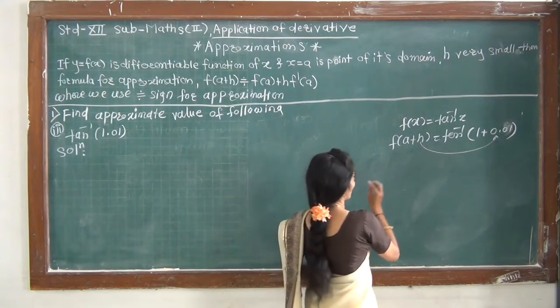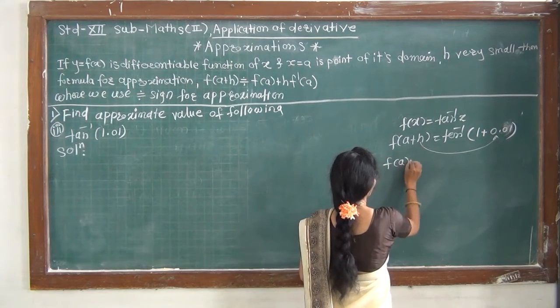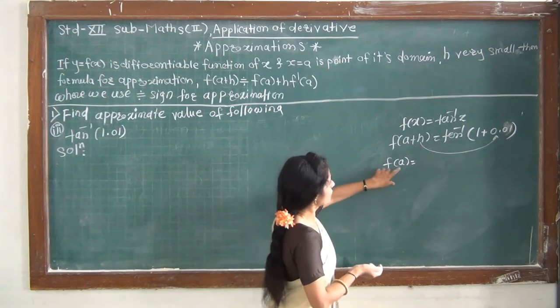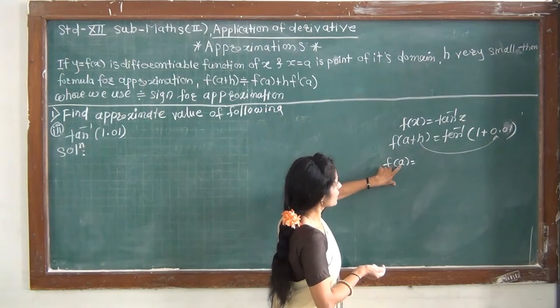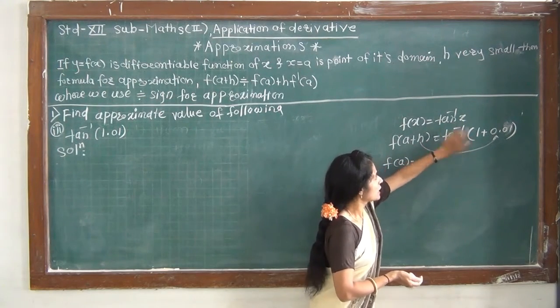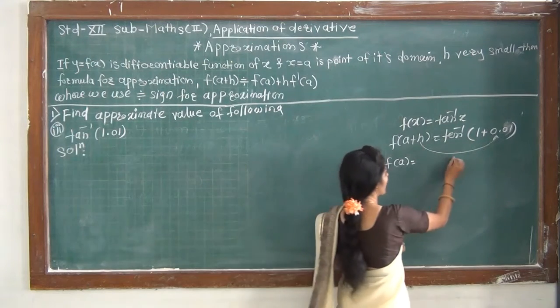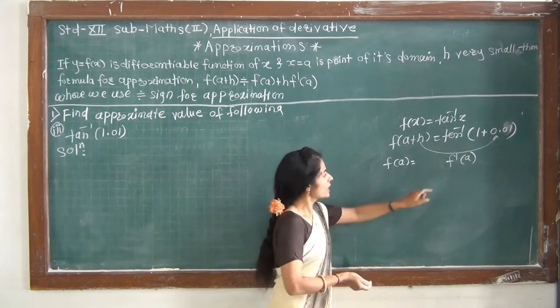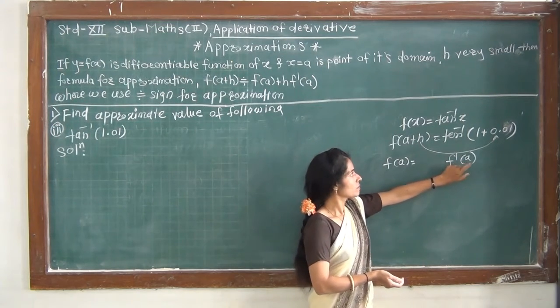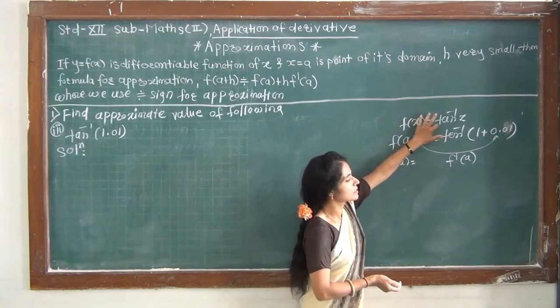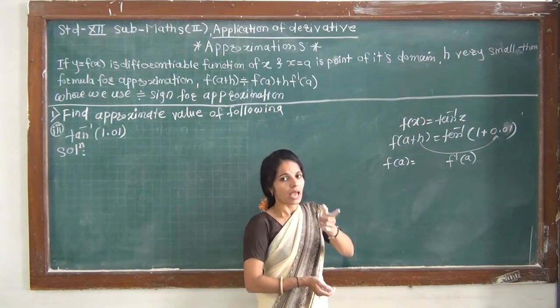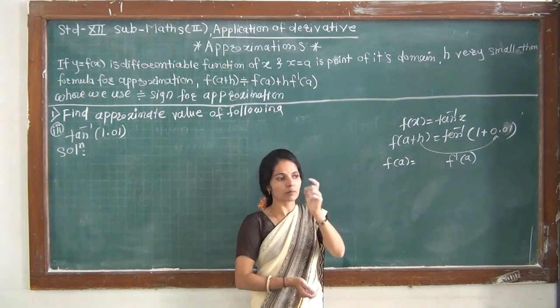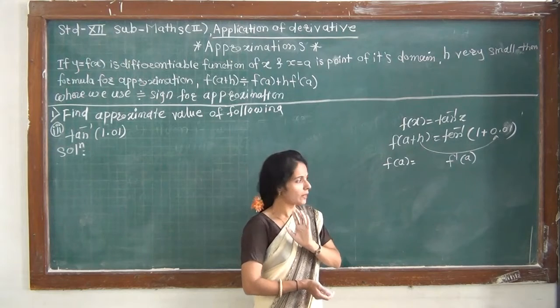So we get f of a after replacing the value of a, which is 1, in tan inverse of x. And what about f dash of a? To get f dash of a, we have to differentiate tan inverse of x, and its derivative is nothing but 1 divided by 1 plus x square.